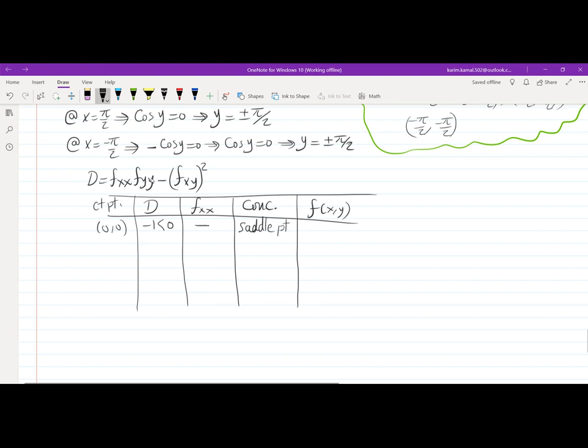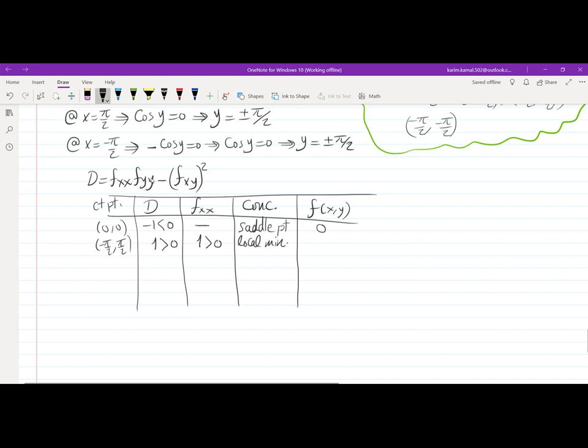At the second point, which is negative pi over 2 and pi over 2, it's only direct substitution. D will be 1, which is bigger than 0, so you have to evaluate fxx, which will also be 1, which is bigger than 0, so the function has a local minimum. And the value of the function is 1.